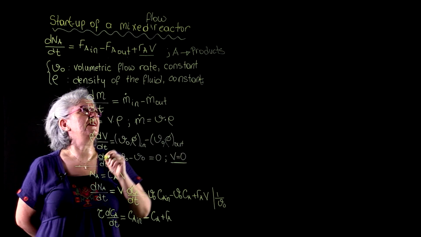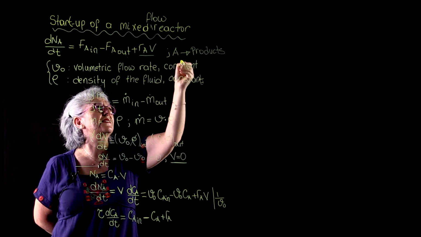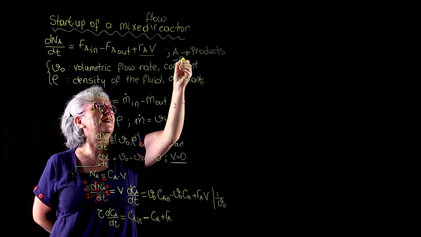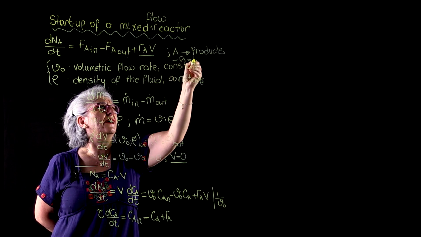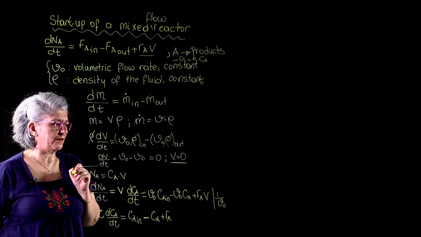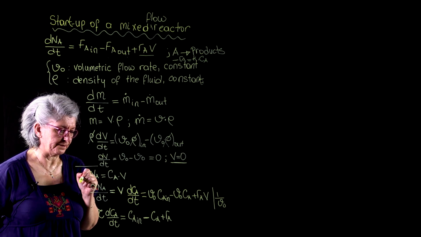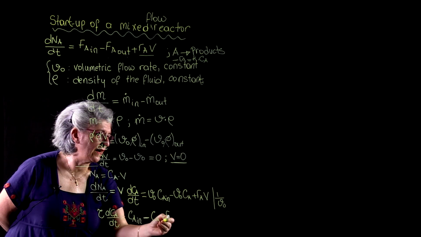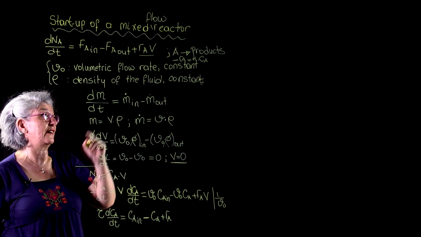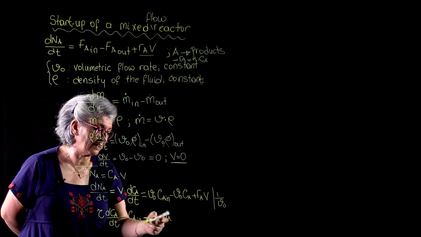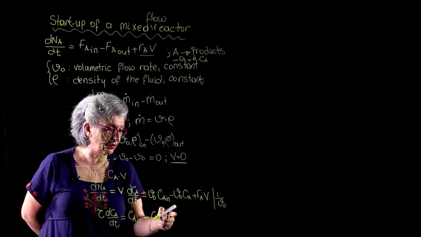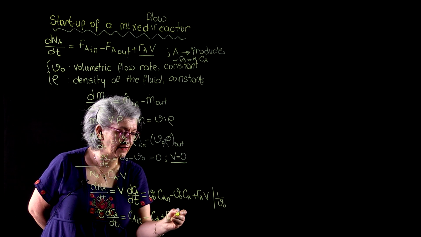And we define its kinetics as minus RA is equal to k times CA, following from the previous recordings. So I will substitute minus k times CA for the RA in my final differential equation. And I have, of course, a tau here.